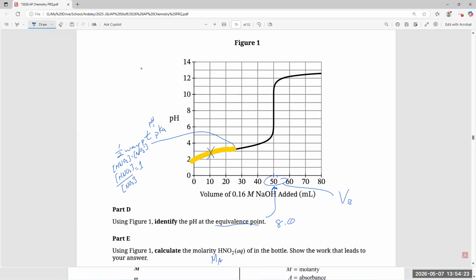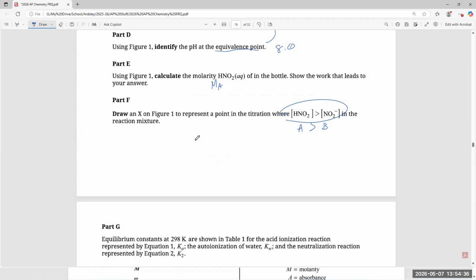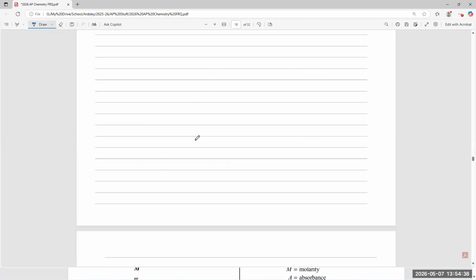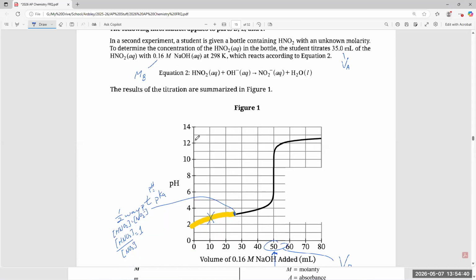So I'm just going to put it right there, right? That's fine. Anything from an x-axis value of 25 or below is a valid answer in this case, right? Because over here is where they're equal to each other, okay?